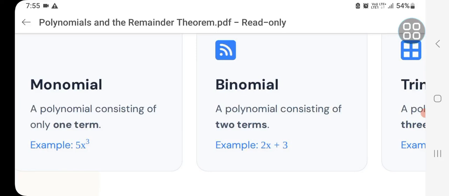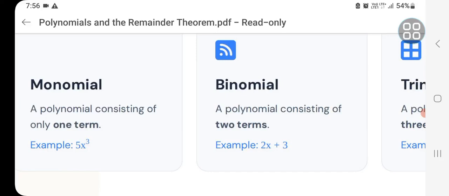So it will be the single term. Remember, the terms are counted depending upon the operations of addition and subtraction itself. So here I have only one term, so that's why I say 5x cube is a monomial.